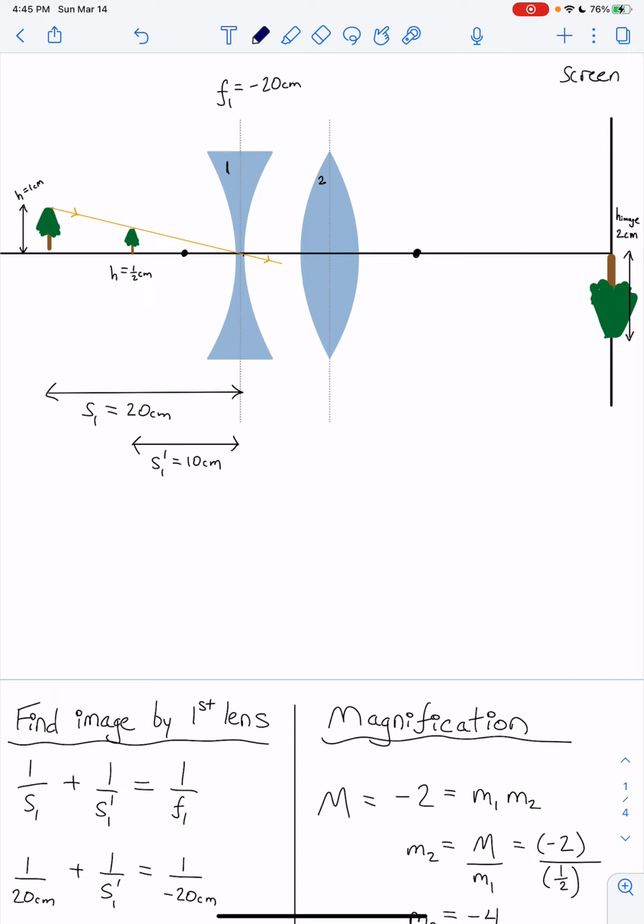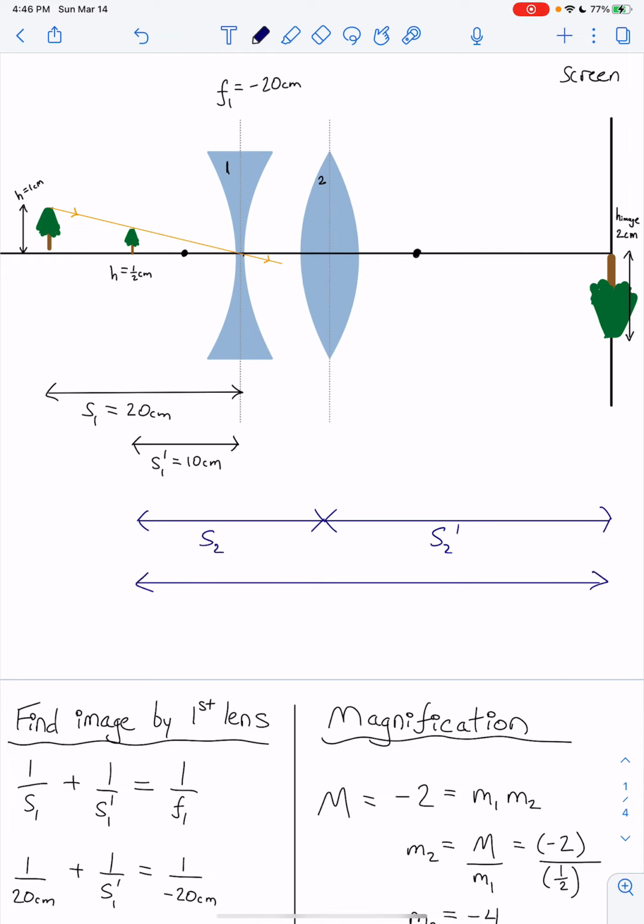So here we've got the distance from the second lens to the image. And so that's S2 prime. We can also draw out the distance from that lens to the object. And that's S2.